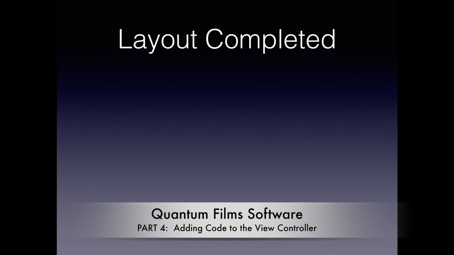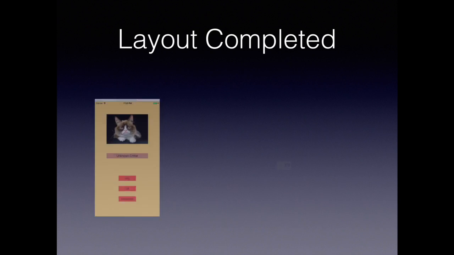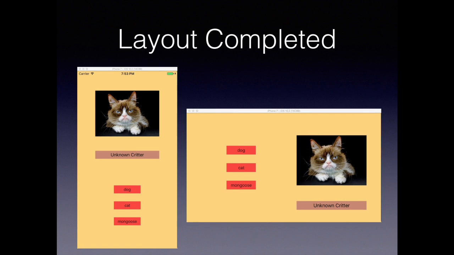We have completed the layout of the user interface, and we're now ready to take a look at it. If we run the app, we will see both the portrait mode and the landscape mode appear as we have designed them. But if we press any of these buttons, nothing happens because we haven't coded and automated any of it.